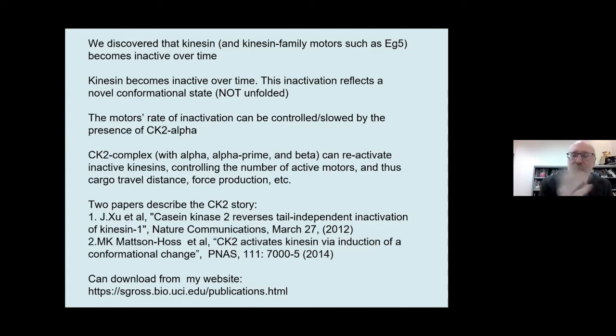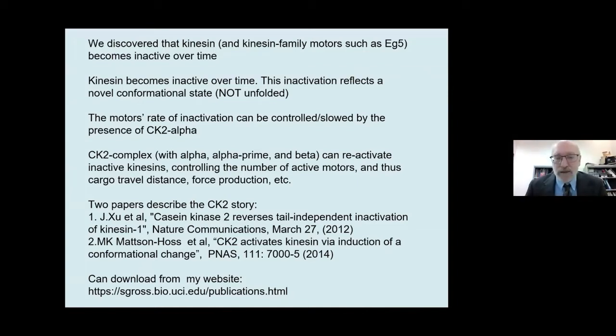We know what happens because we have a FRET probe, and when the motor goes inactive, the two probes end up reasonably close together, so we can tell that it's not unfolded because they'd be very far apart if it were. What happens is that over time, the motor goes into a stable conformational state, which is an inactive state.